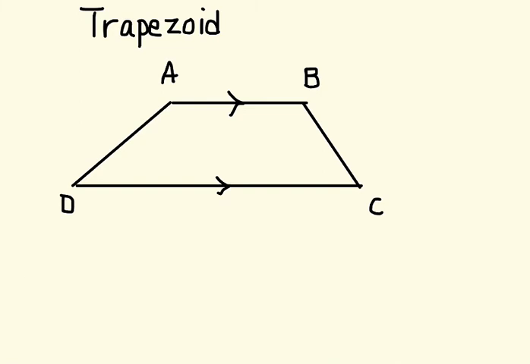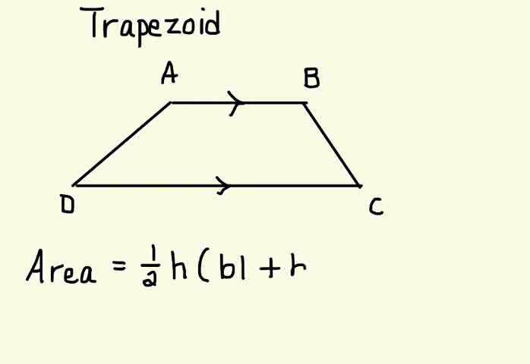The area of a trapezoid, and this is something that comes up in calculus later when we're working on the trapezoidal rule. The area of a trapezoid is 1/2 the height times the sum of the bases. There's a base 1 and a base 2. So let's take a look at base 1 and base 2 and the height. So in red, there are two bases.